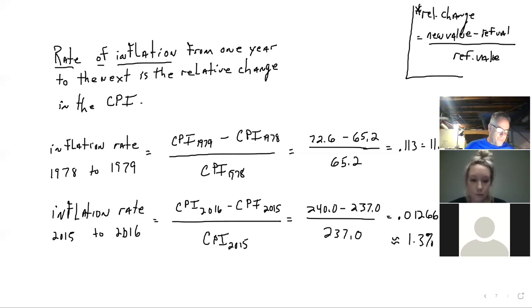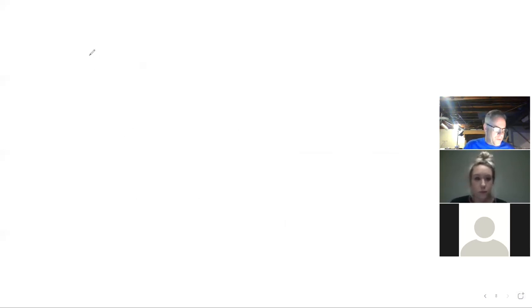And I can use my CPI table to do that. That is adjusting prices for inflation. So this is a kind of an important formula. This one you definitely want to write down, have in your notes. Adjusting prices for inflation.